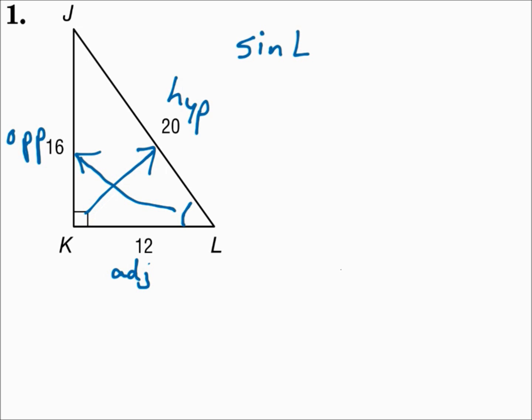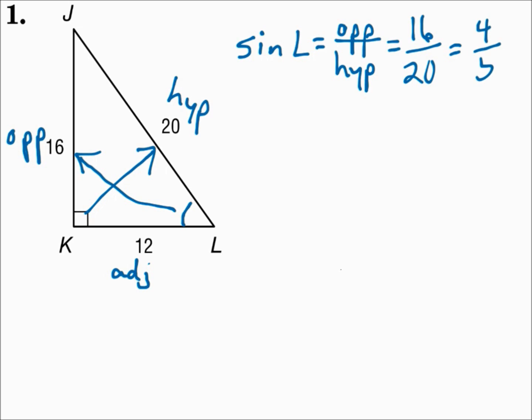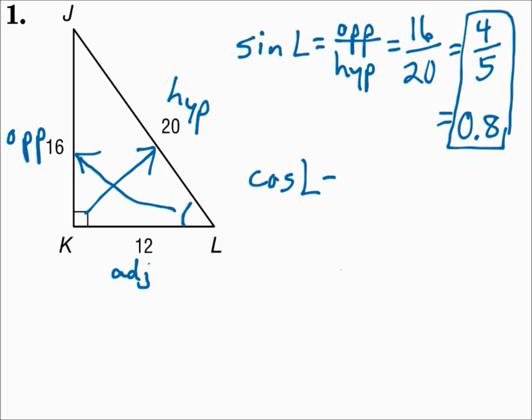Sine of L equals opposite over hypotenuse. Opposite is 16, the hypotenuse is 20, which reduces to 4/5, and as a decimal, that's 0.8. Cosine of L is adjacent over hypotenuse. Adjacent is 12, hypotenuse is 20.